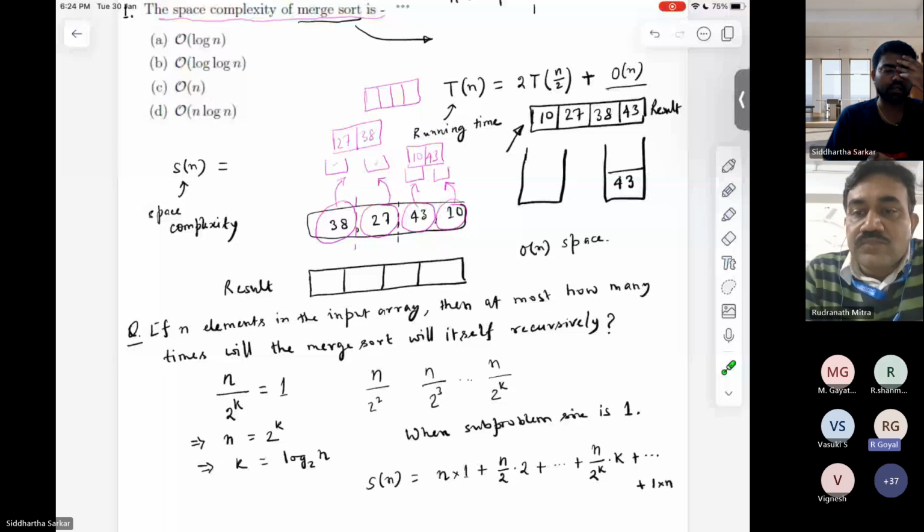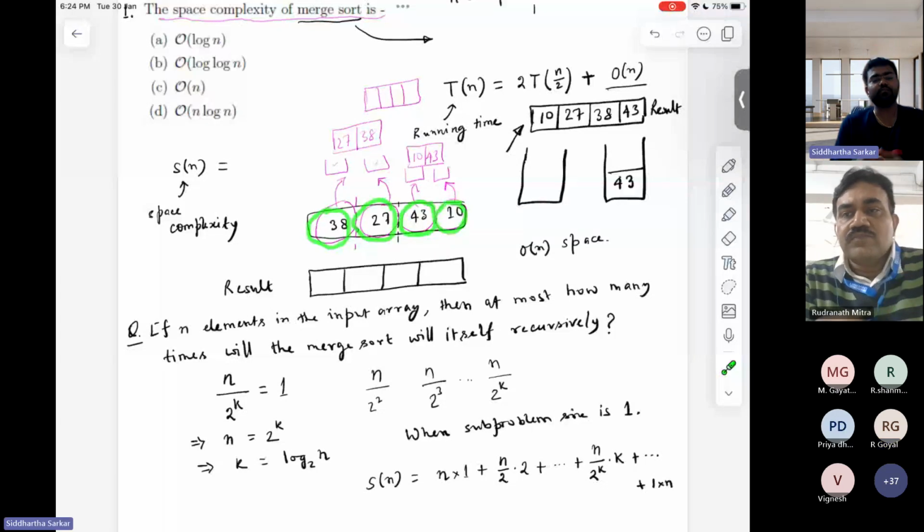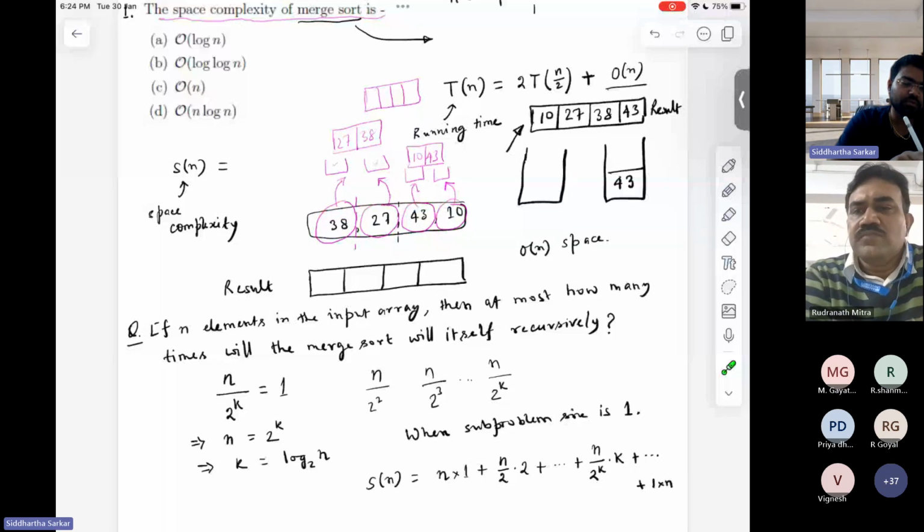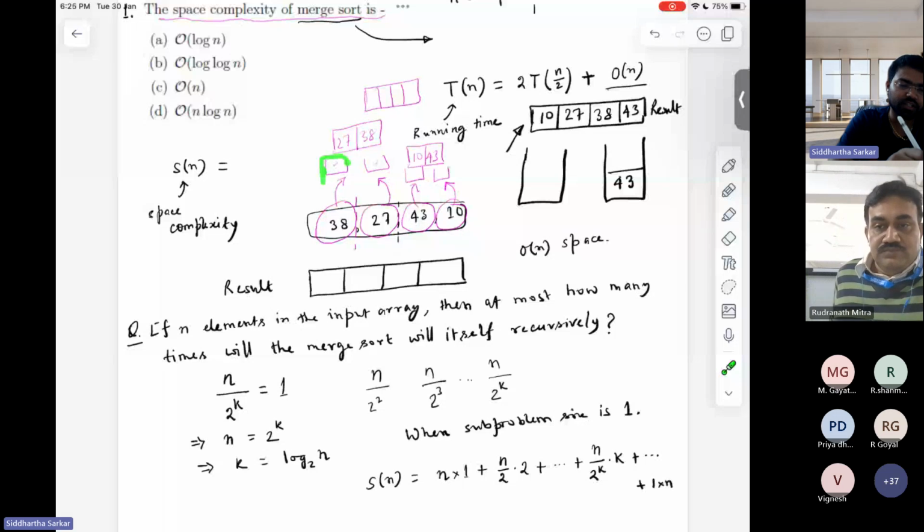Having one element, we would be having n such problems. Correct. So since there are n such problems, each subproblem is outputting or requiring one auxiliary array of size 1, isn't it? Yes. So n into 1 space is required for such subproblems.